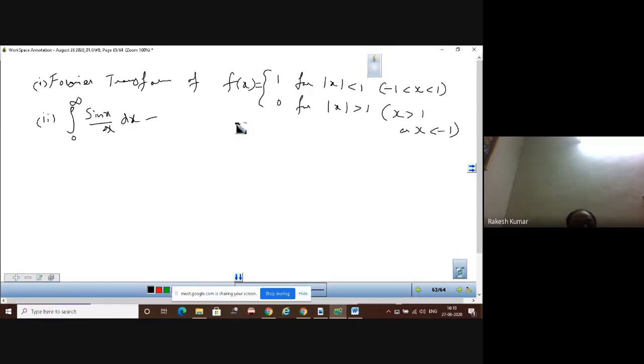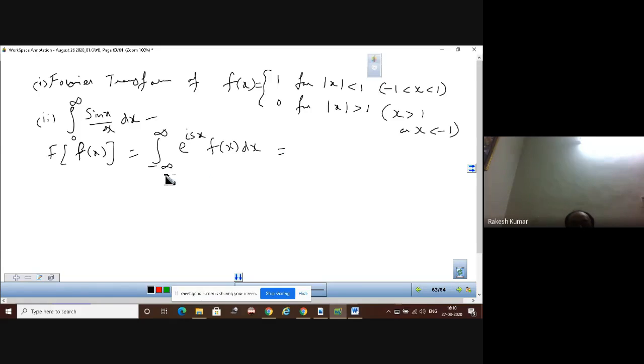Now let us start with the solution. The Fourier transform of f of x we need to find out, and by definition the formula is the integral of e raised to power iota s x f of x dx. This is the definition which we have done in the previous class.